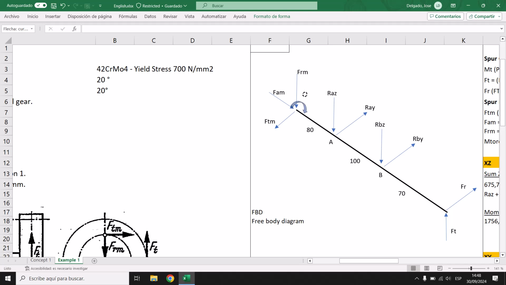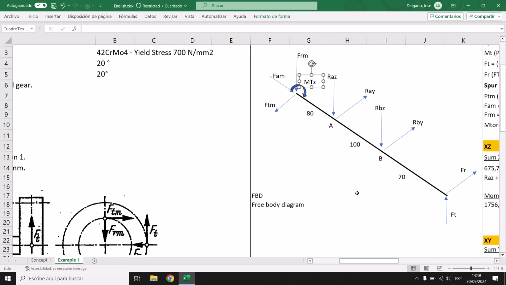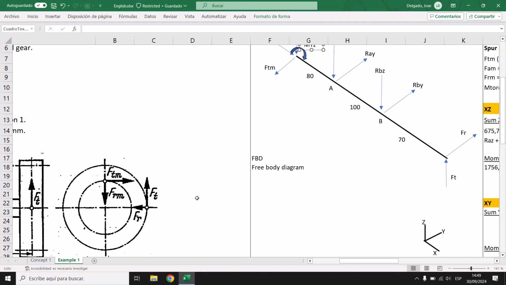I didn't know how to put this, but just to show you, this is a moment, or a torque, in the case of the Z axle. You understand me? And let's put the other also, because we have another torque.